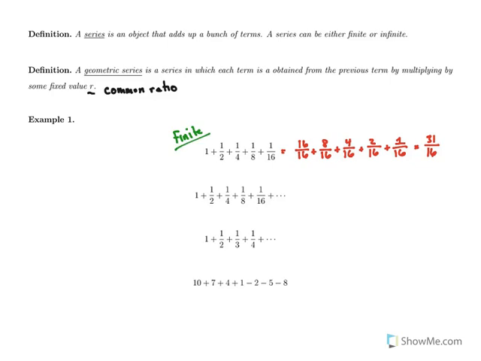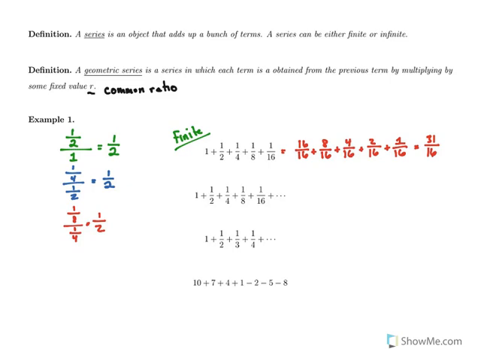But it's a geometric series because if I take one of the terms and I divide it by its previous term, like 1/2 divided by 1 would give me 1/2. And if I do that for all of these terms, like 1/4 divided by its preceding term 1/2, I'd get 1/2. If I take 1/8 and divide it by its preceding term 1/4, I get 1/2, and so on and so forth.